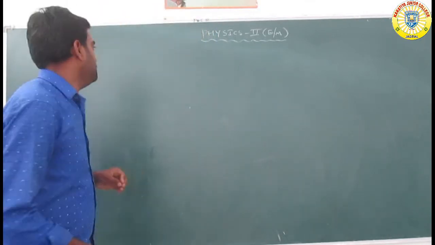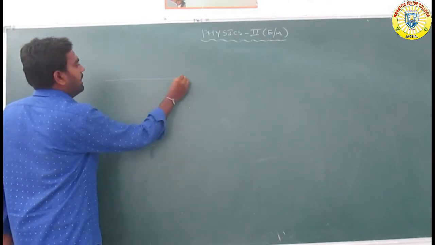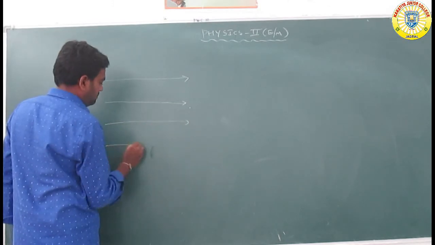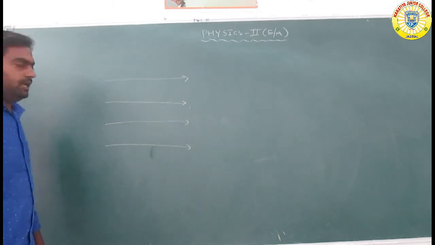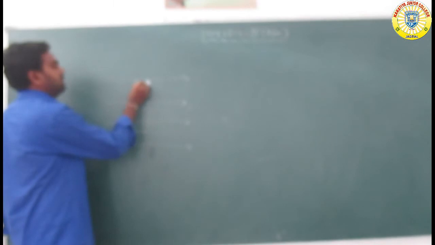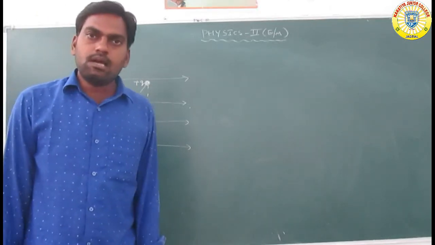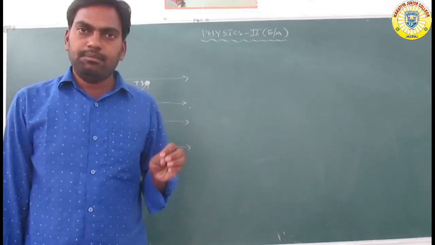First of all, the uniform electric field. The dipole is placed in the uniform electric field. The dipole consists of two charges, plus q charge and minus q charge.